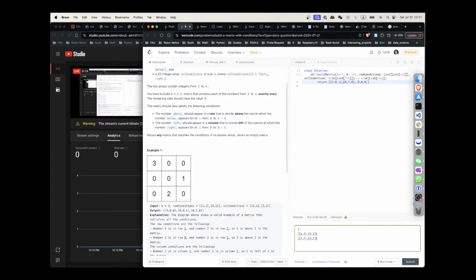Actually, is this going to be right? Because 1 is above 3, so we need to move 2. So 2 cannot stay at the 1, 1 position. 2 needs to move to a new position. 2 is the least privileged in this case.